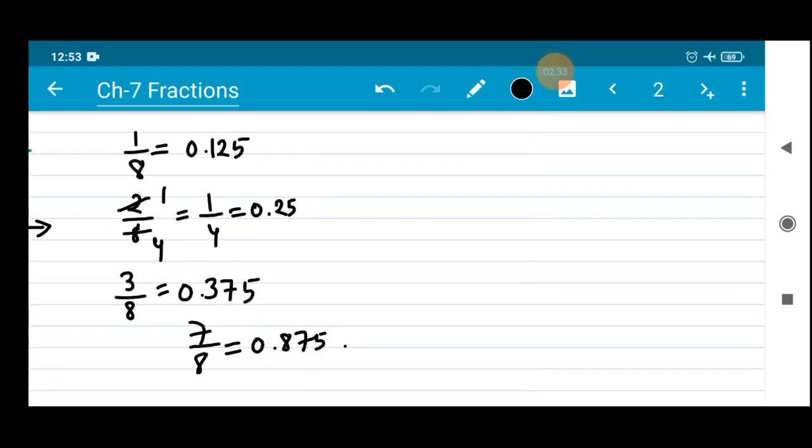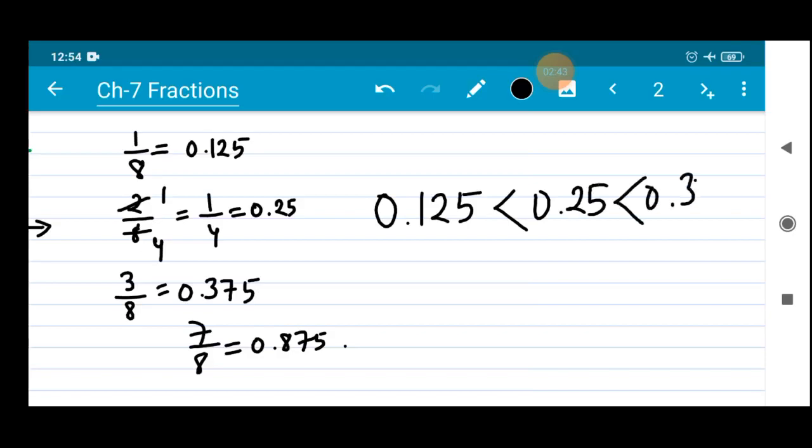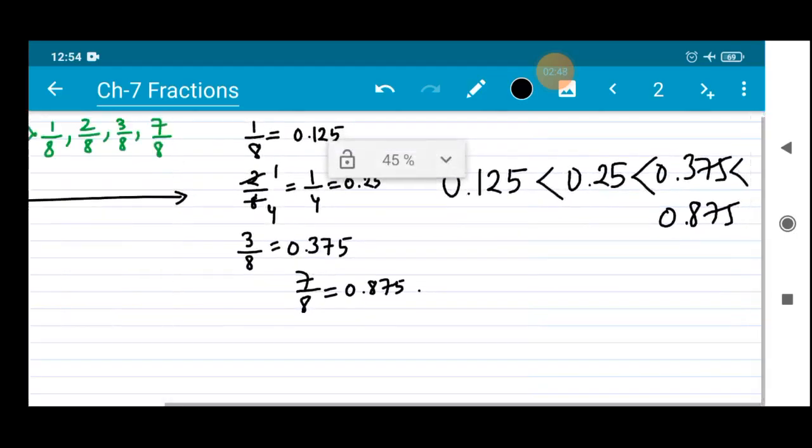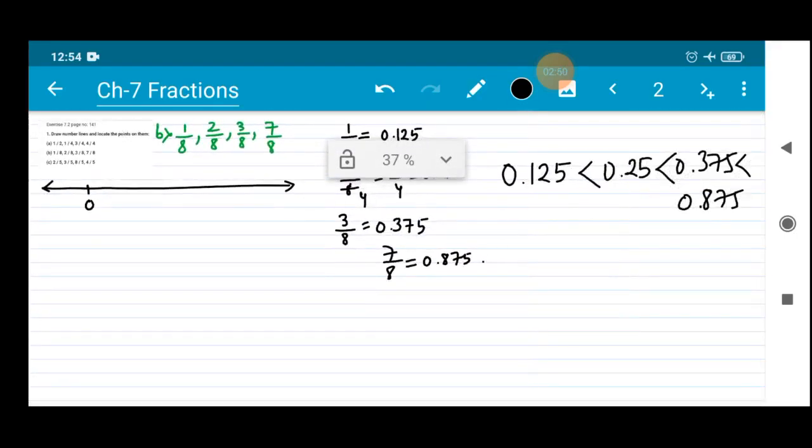Now you tell me which one is the smallest number among these. Of course 0.125. Then the next is 0.25, then 0.375, then the largest one is 0.875. So let's write according to this only, a simple thing to do. After 0 comes 0.125, which is 1 by 8.